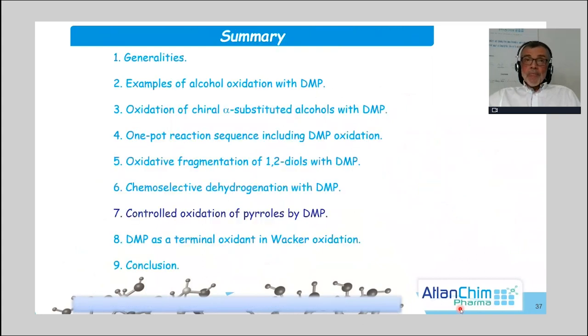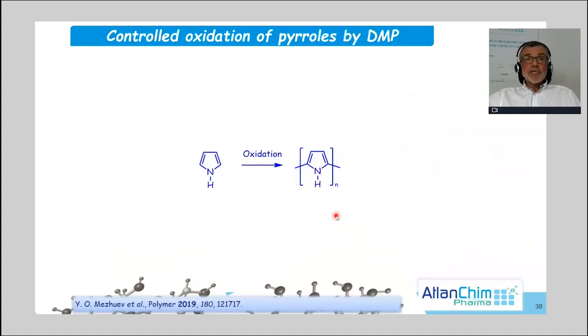We will now see some original applications of Dess-Martin's reagent in pyrrole chemistry. The oxidation of pyrroles usually leads to uncontrolled polymerization and or decomposition.